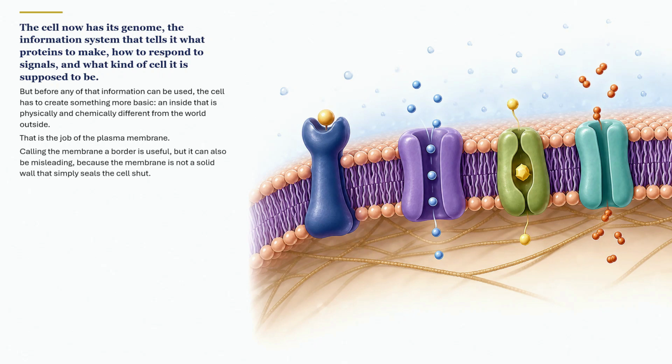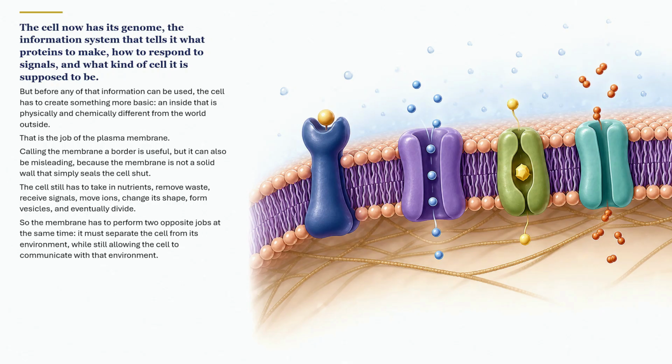Calling the membrane a border is useful, but it can also be misleading because the membrane is not a solid wall that simply seals the cell shut. The cell still has to take in nutrients, remove waste, receive signals, move ions, change its shape, form vesicles, and eventually divide. So the membrane has to perform two opposite jobs at the same time.